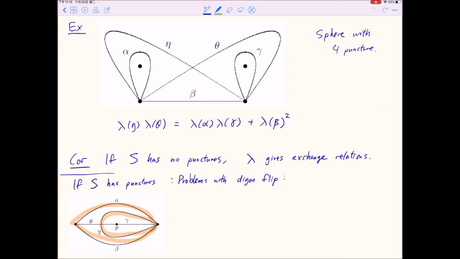And so if you just draw the conclusion from the Ptolemy relation, we see that the gamma will be shared by two triangles.